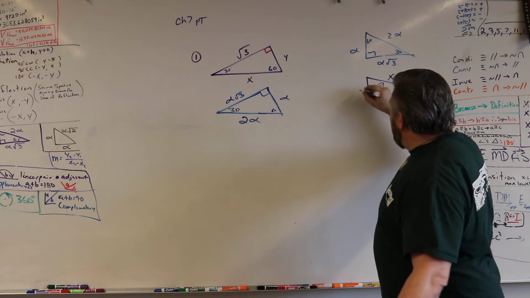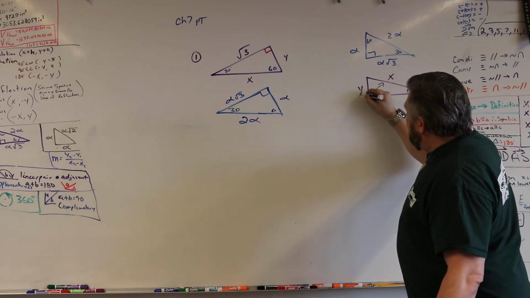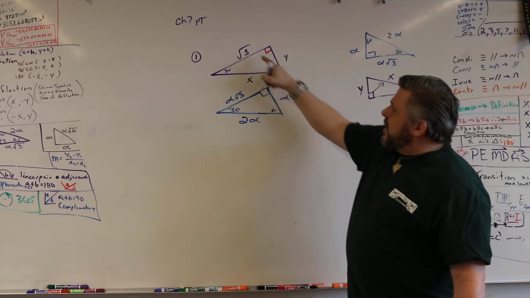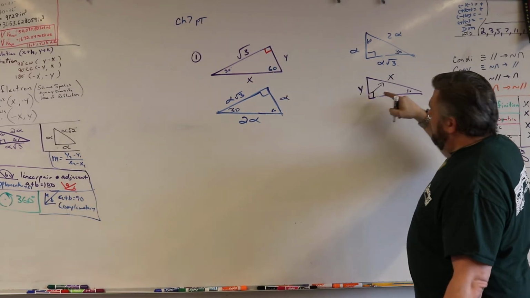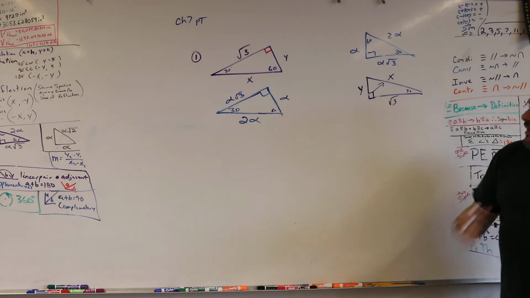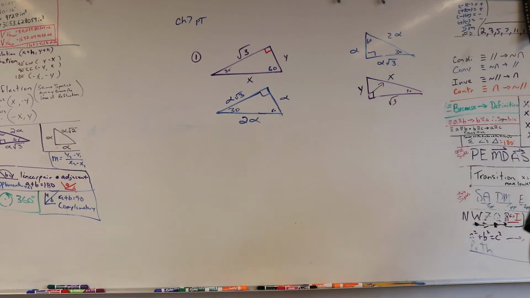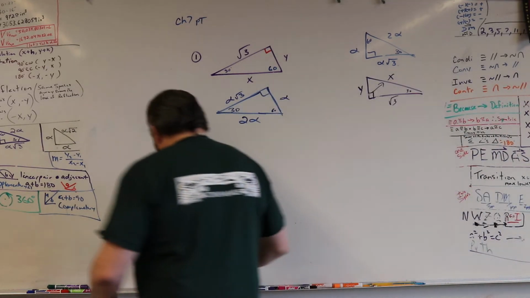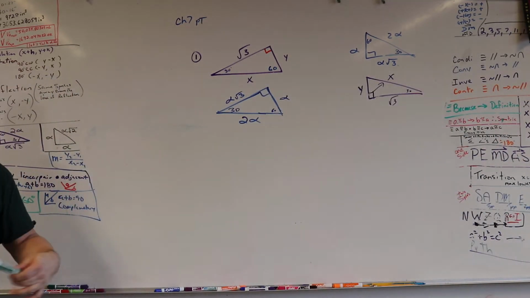Y. Okay? And what's the long leg? Across from 60? Square root 3. Okay? So either way works for me. I don't care which way you do it. It really doesn't matter. Whatever way works for you. From there, we're going to start doing our math.